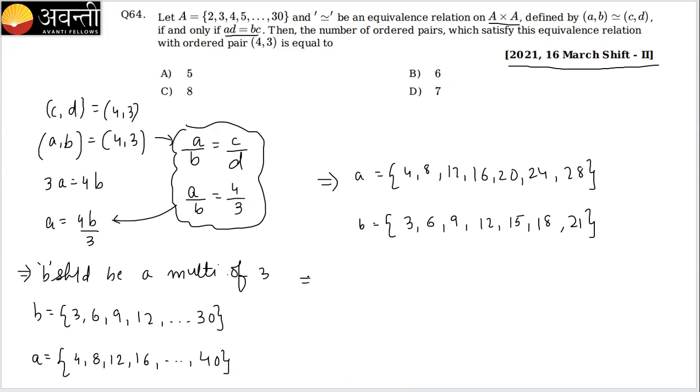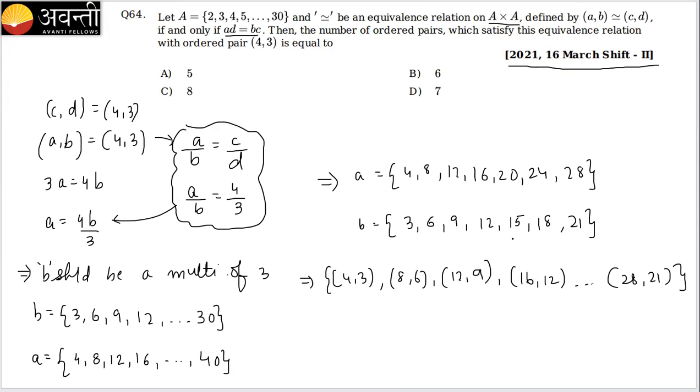The corresponding ordered pairs A comma B will be 4 comma 3, then 8 comma 6, then 12 comma 9, then 16 comma 12, and lastly 28 comma 21. So how many did we get? 1, 2, 3, 4, 5, 6, 7. So the number of ordered pairs we got is 7. So the option is D.